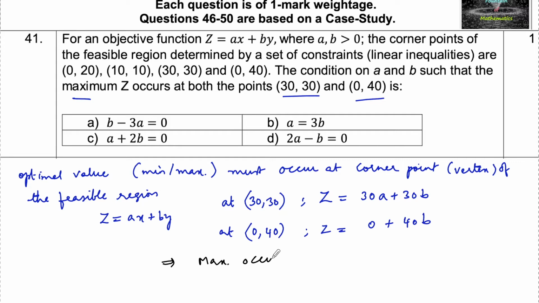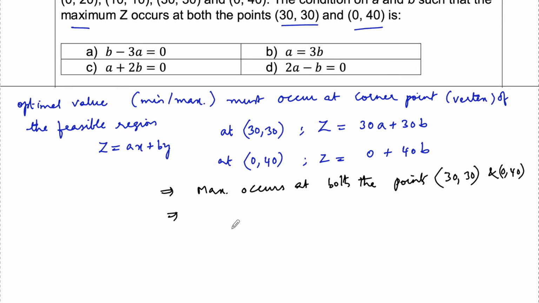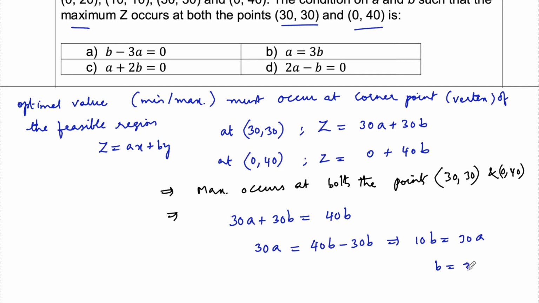Maximum occurs at both the points (30, 30) and (0, 40), which implies that 30a plus 30b is equal to 40 times b, or we can write 30a is equal to 40b minus 30b, that is 10b is equal to 30a, or b is equal to 3a, or we can also write b minus 3a is equal to 0.